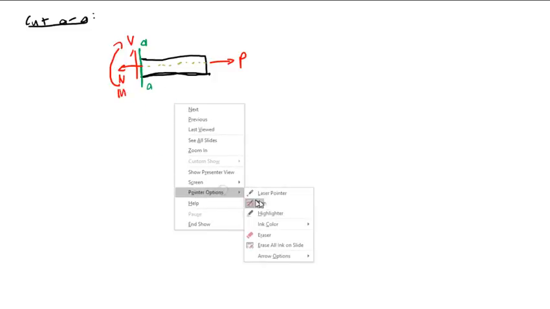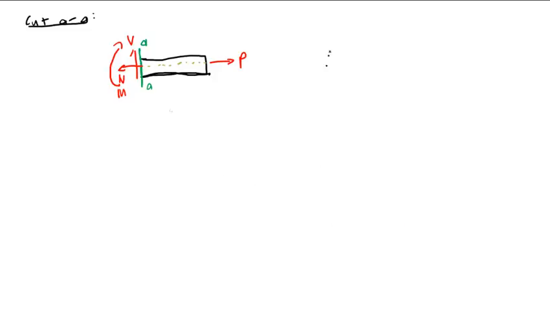Now, if we do a sum of forces on this, we will find that the normal force is equal to P, because if I do a sum of forces in the horizontal direction, I find the normal force is equal to P. The shear is equal to 0, because if I do a sum of forces in the vertical direction, there's no vertical force except the shear.